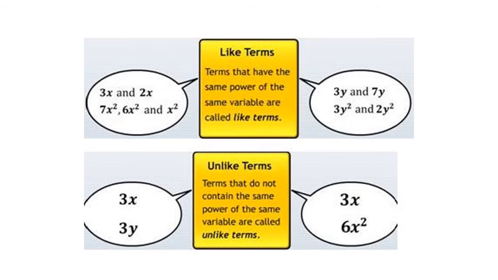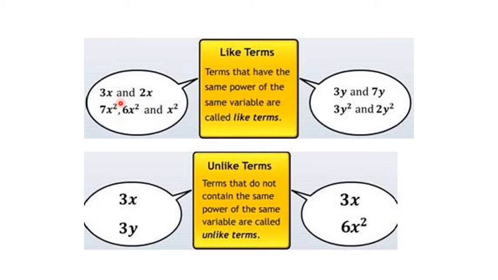There is something called like terms and unlike terms. What do we mean by like terms? Terms that have the same power of the same variable are called like terms. If you have two or more terms, you have to look for the variable, meaning the alphabet.